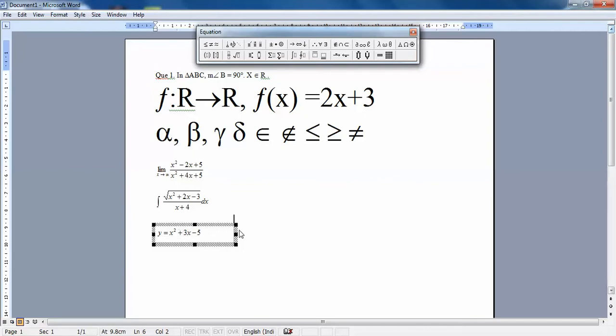So when you press the space bar it will not act. What you have to do is you have to press control and then press the space bar the number of times you need a space, and then and y is equal to x cube minus 4x square minus 5.